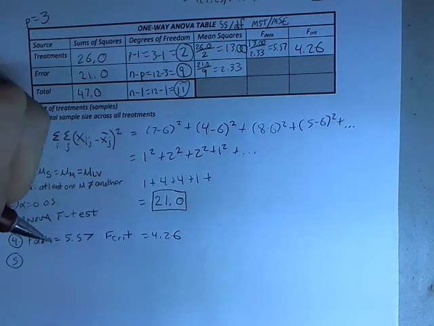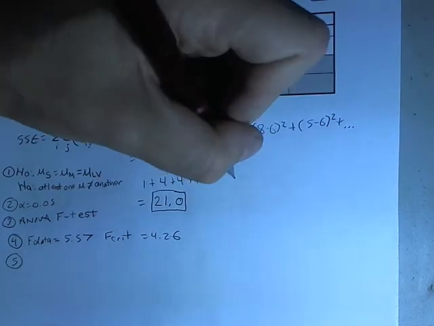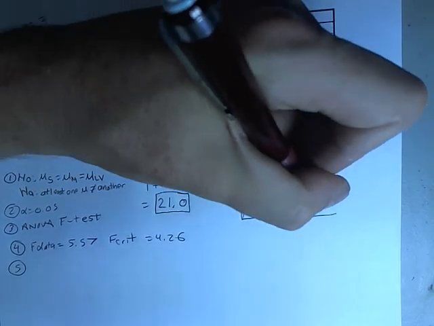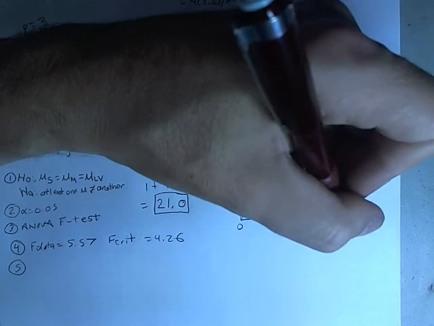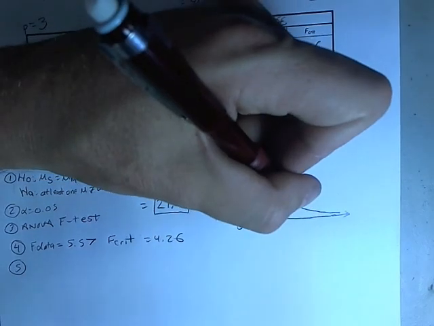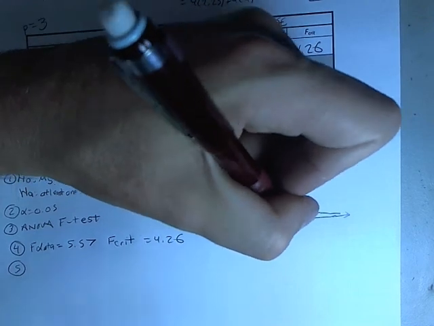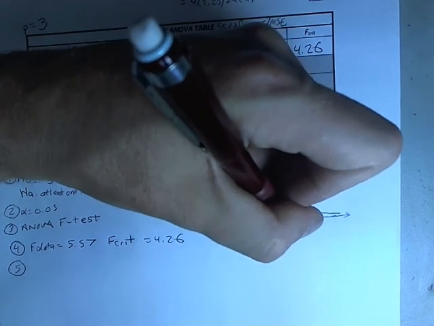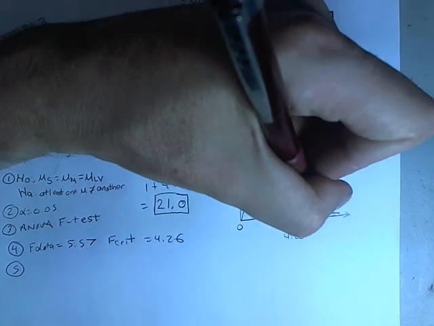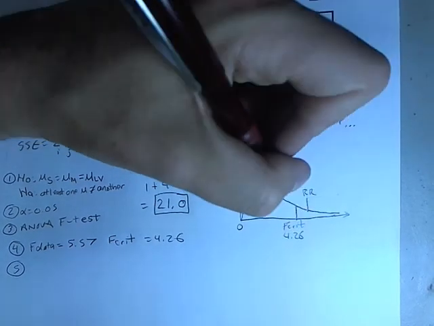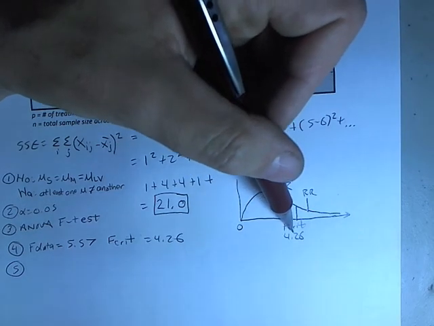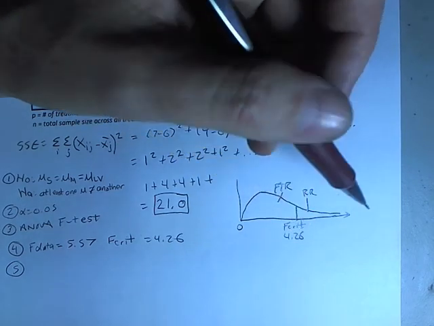And my rejection rule. So let me go ahead and sketch this distribution out, because this is an F distribution. It's one-sided, starts at 0, only goes positive, and I've labeled my critical value as 4.26, and I now know that the rejection region consists of the area where the F value is greater than or equal to 4.26.